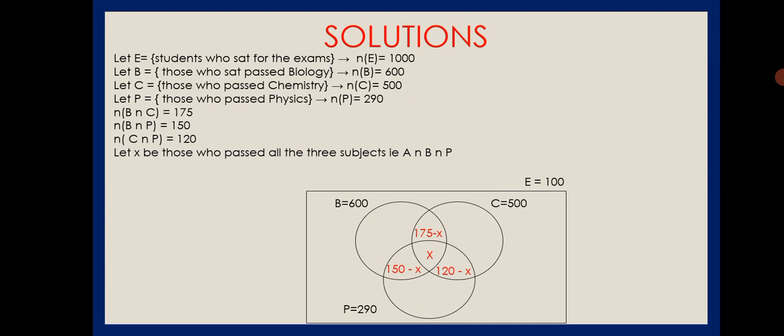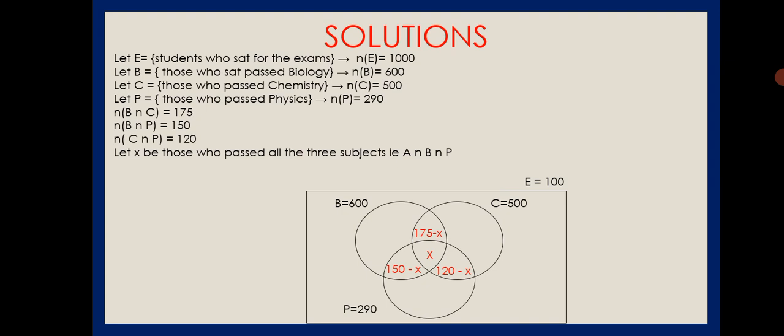Let B be those who passed biology, n(B) we get 600. Let C be those who passed chemistry, n(C) is 500. Let P be those who passed physics, n(P) is equal to 290. Students who passed both biology and chemistry, that's B intersection C, is 175.